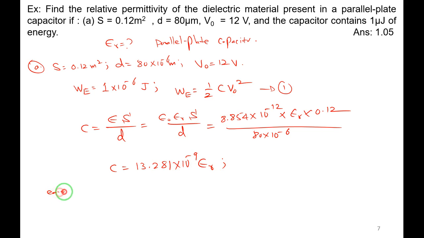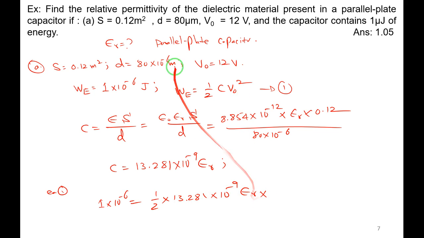So equation 1 implies, what is W? W is given as 1 microjoule. So I will write here 1 into 10 power minus 6. Then half into C, which is 13.281 into 10 power minus 9 epsilon r. Then what is V naught square? V naught is 12, squared, right? So okay, we can calculate epsilon r now. Directly I will calculate. I'll take that 2 to that side.